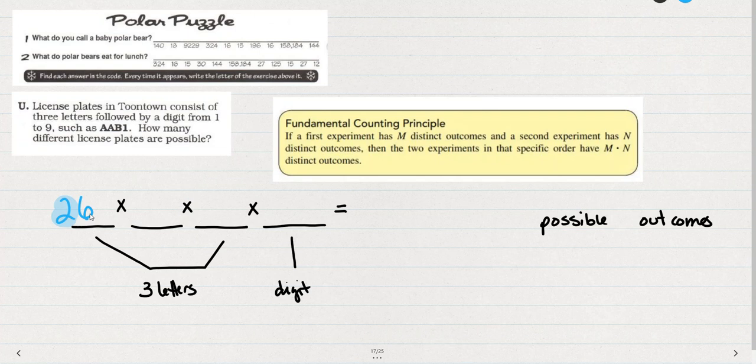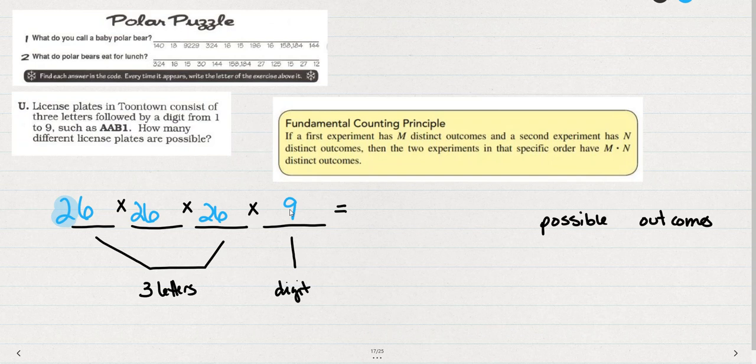This question doesn't say anything about disallowing a repeat, so when I go to select the second letter, I could use the same letter again, so I'd get 26 again. The third choice is also 26 choices, and then for the digits 1 through 9, there's a total of 9 of those.